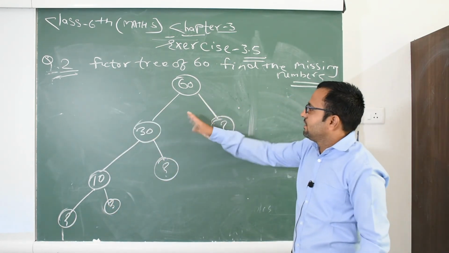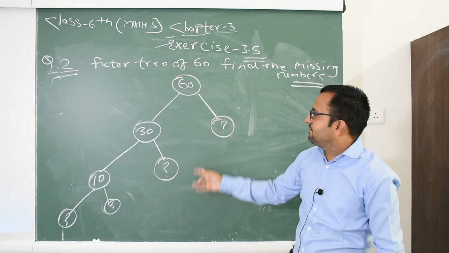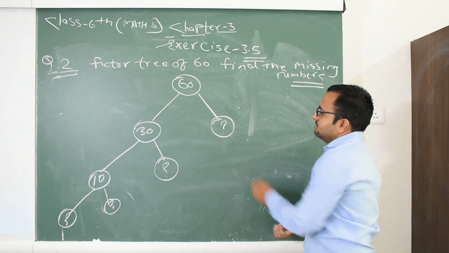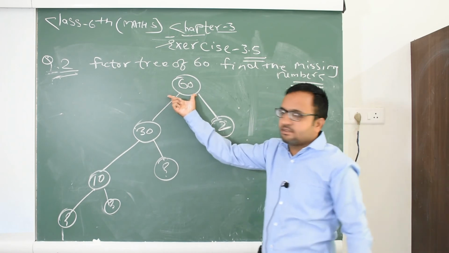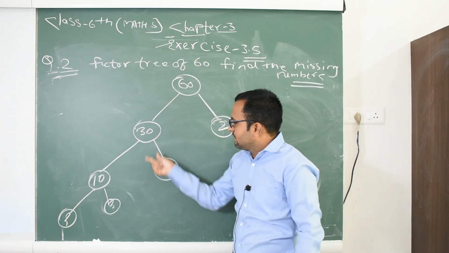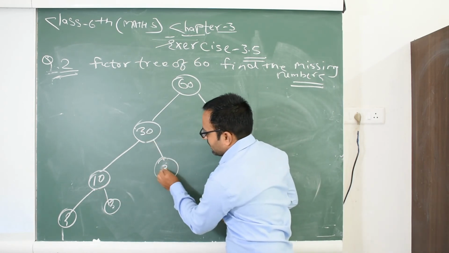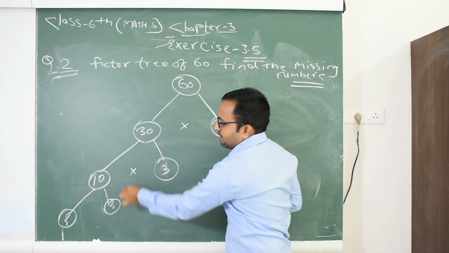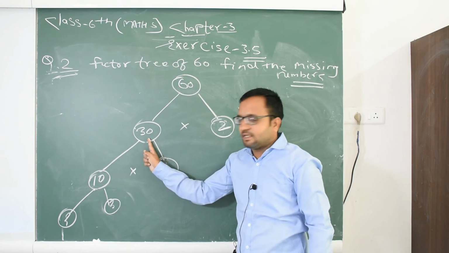Now we complete this factor tree. 2 times 30 is 60. What is the number here? 10 threes are 30.